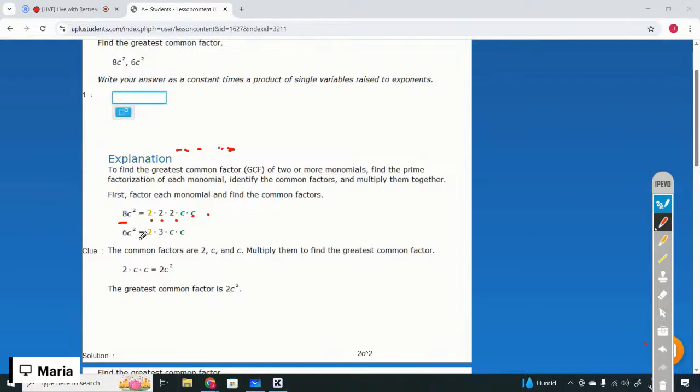And 6c square would be 2 times 3 times c times c. So the common factor is 2 and c, that is 2c. The greatest common factor is 2c.